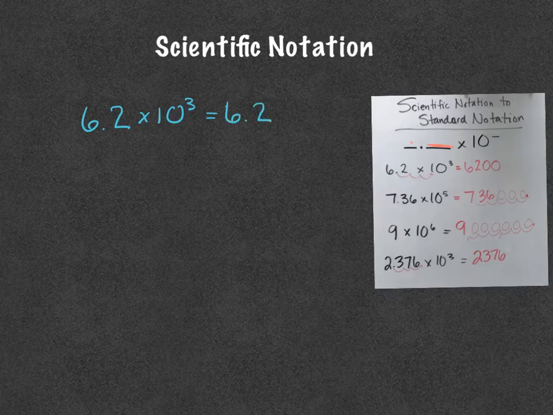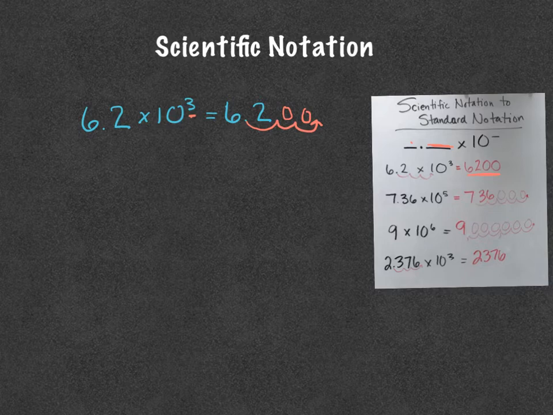Okay, so that's what we're starting with. Now I'm going to go 1, 2, 3 places. That's our exponent up here, and that would be times 1,000, right? And then in each of these little dips, we're going to put a 0. So this ends up being, just like it says over here, 6,200.